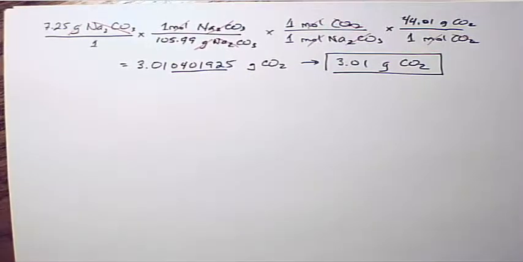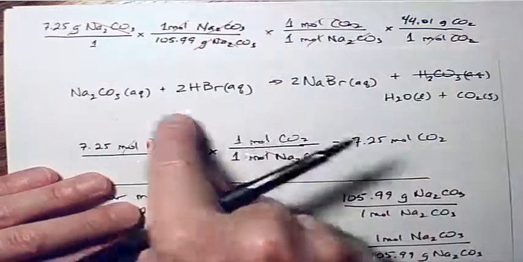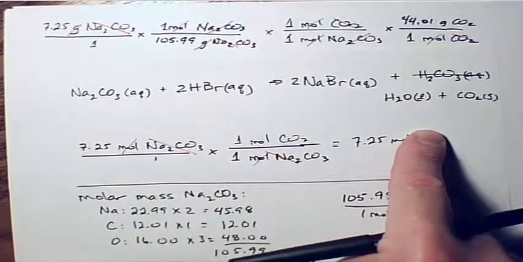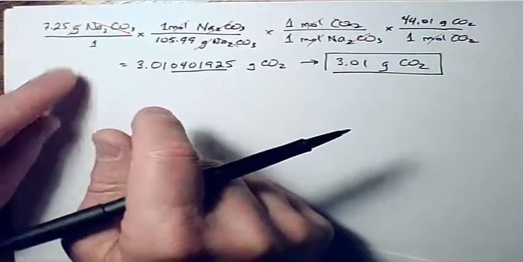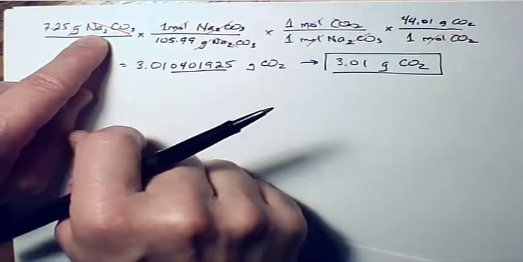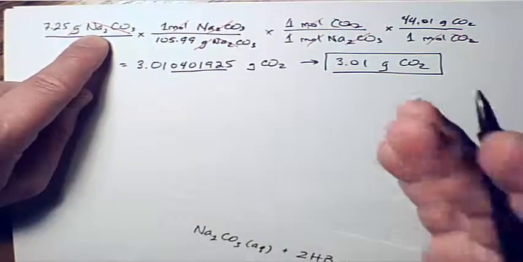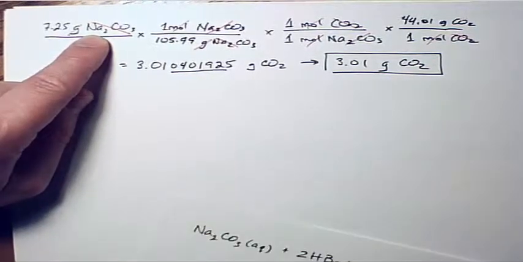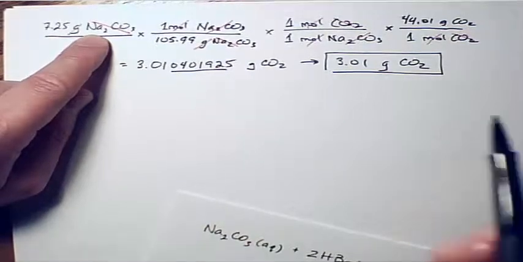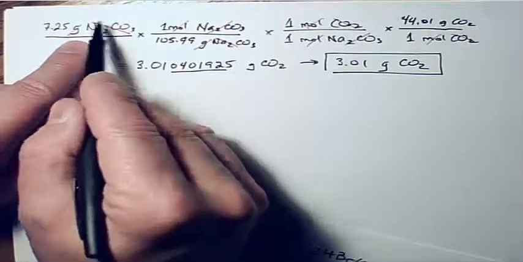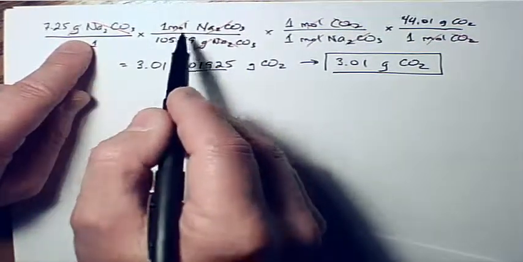First you got to have a balanced equation. So there's our balanced equation we already did earlier. You start with your starting amount over 1. If your starting amount is in mass and you're trying to get to some other species, whether it's the mass of the other species or the volume of the other species, you've got to convert the starting stuff to moles.